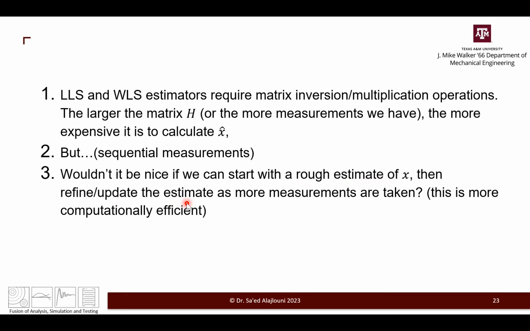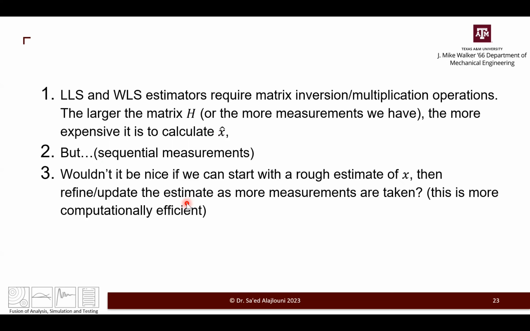It's like the simple example we mentioned about measuring the resistance of a resistor multiple times and then generating an estimate of the resistance. Yeah, we're estimating a constant, the resistance in this case.